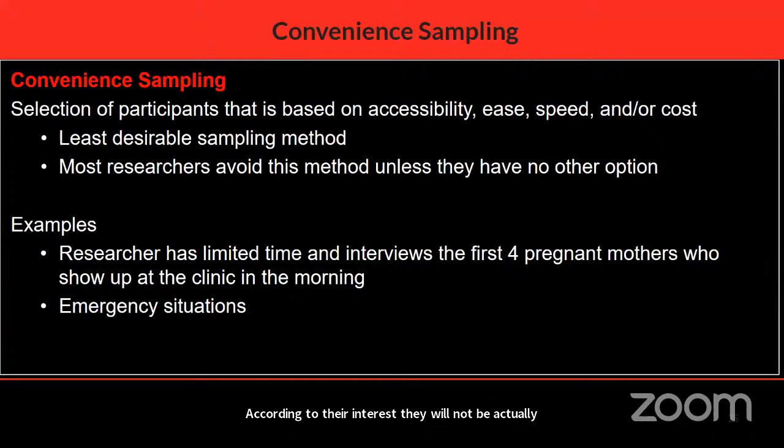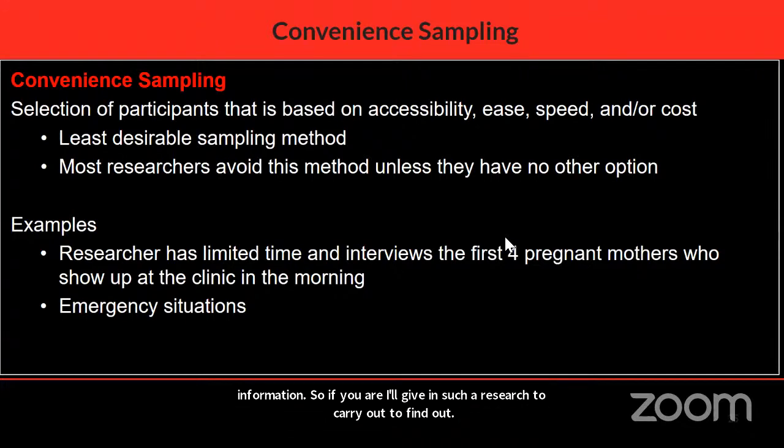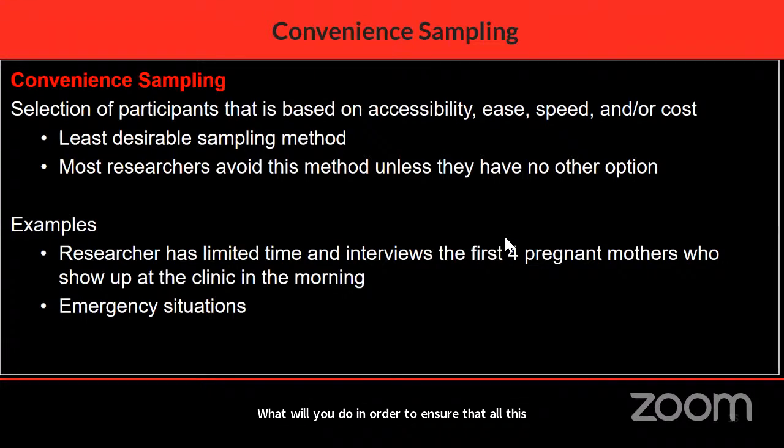And if you are asking elder people, there are some parts of the culture which they feel it is not good to be aired out to foreigners, and that will not give you accurate information. So if you are given such a research to carry out, what will you do to ensure that all these differences are catered for in order to get quality information? Thank you.